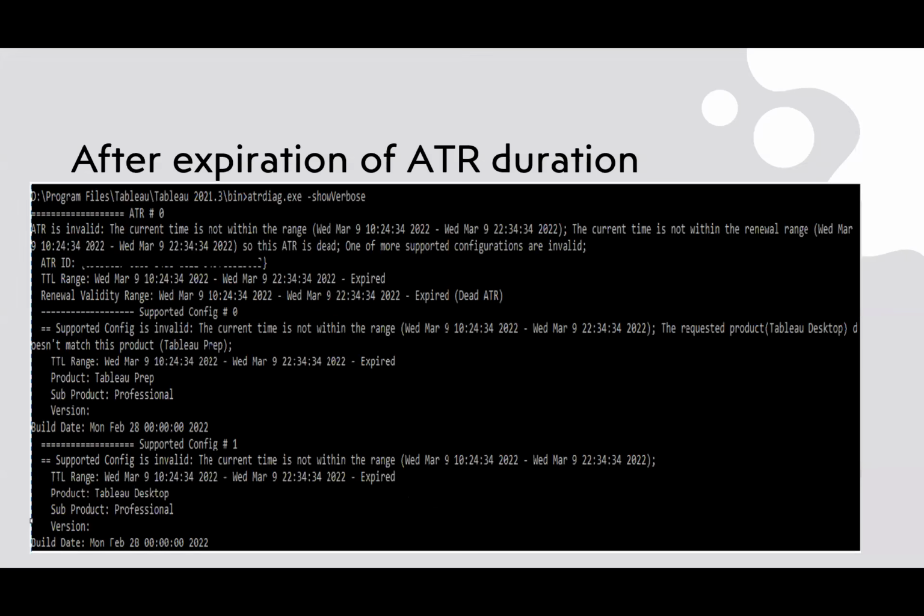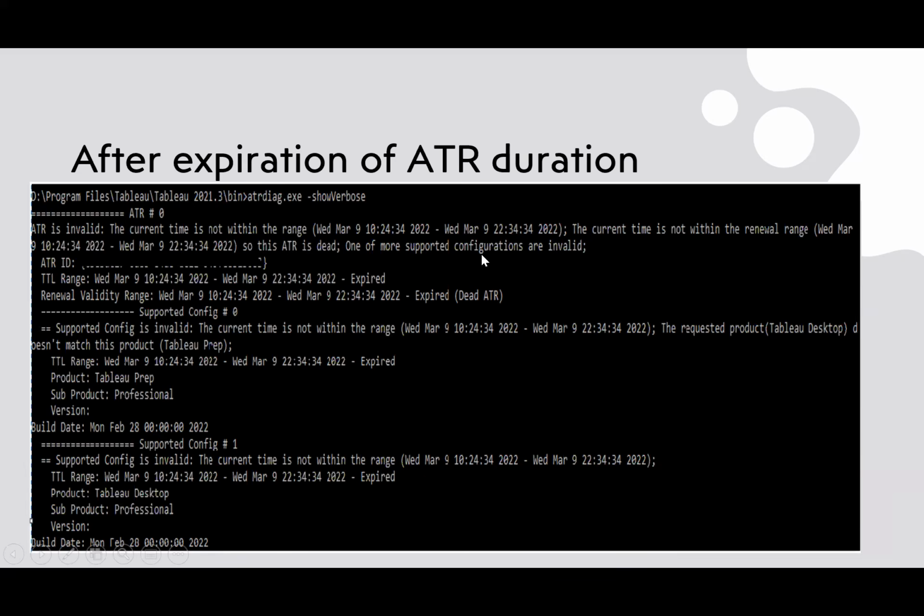And also, if you want to see how it looks after the expiration of the ATR duration, it will show you that the ATR is invalid. If I run AtrDiag.exe with verbose, it shows me the details: my ATR is invalid because the current time is not within the range, and it says this ATR is dead.